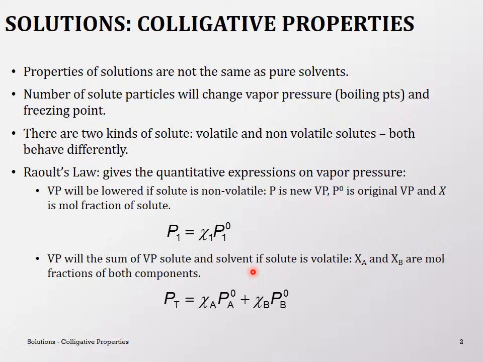The solvent is also exerting its own vapor pressure. So you need to find the mole fraction of both the solvent and the solute, and once you find that, you need to add those vapor pressures up. Those are going to be a little bit different than what you would do for a non-volatile solute. So these are the two formulas that you would need.